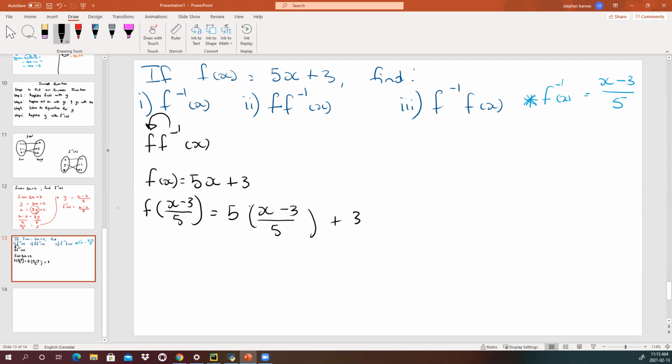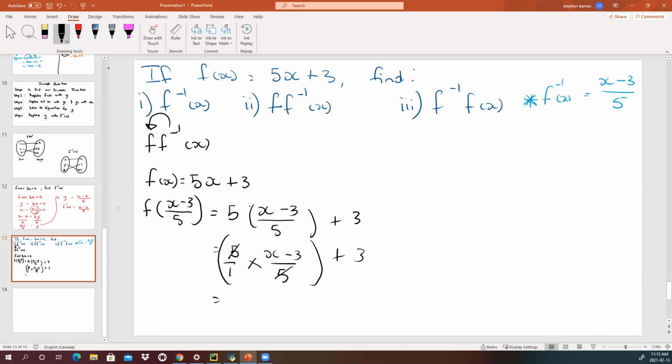And then we would work this out. This is a multiplication sign. I'm just working it out the long way, because this is 5 times x minus 3 over 5. If you work it out like you're multiplying two fractions, remember when you're multiplying fractions, this 5 would cancel that 5 right there.